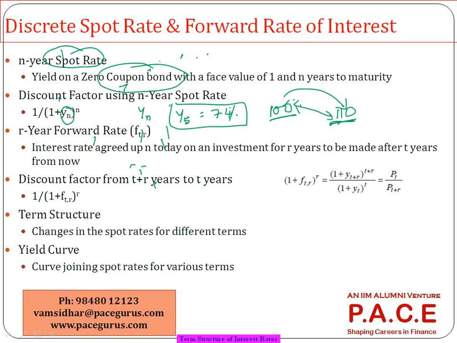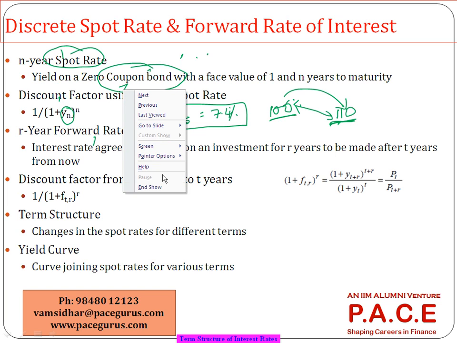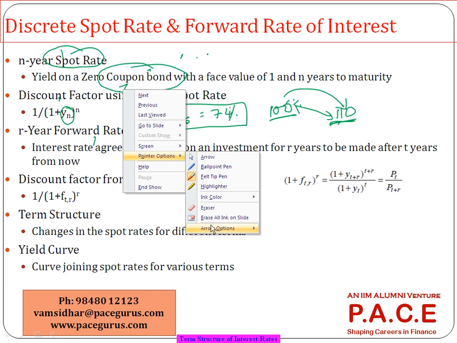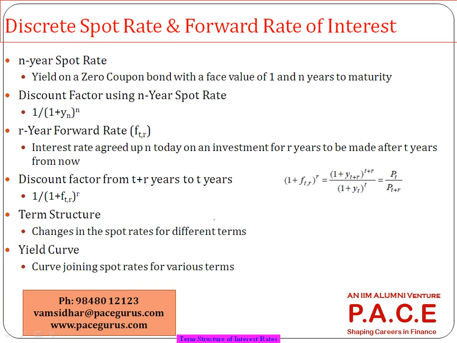So in short, two important things that we have to be comfortable with when we talk about the spot rate: one, it is the interest rate that is associated with a zero coupon bond. And the second is, if you know the spot rate, you should be able to find out the discounting factor for each of the cash flows.